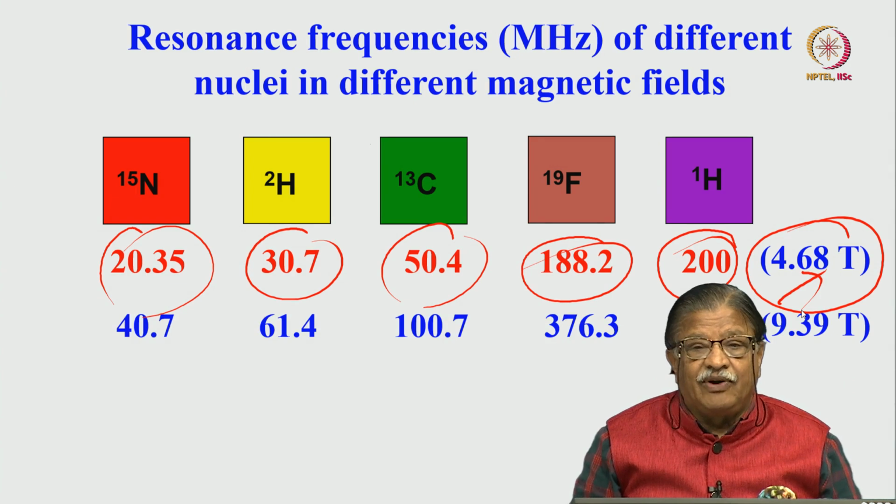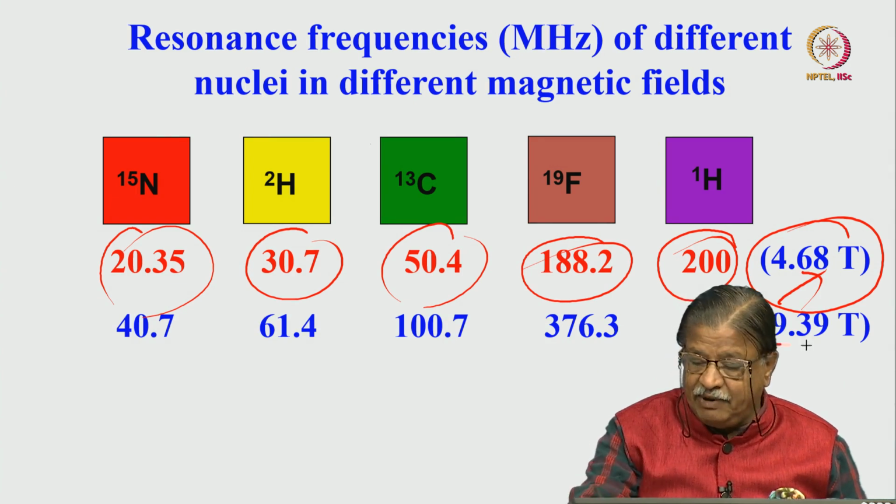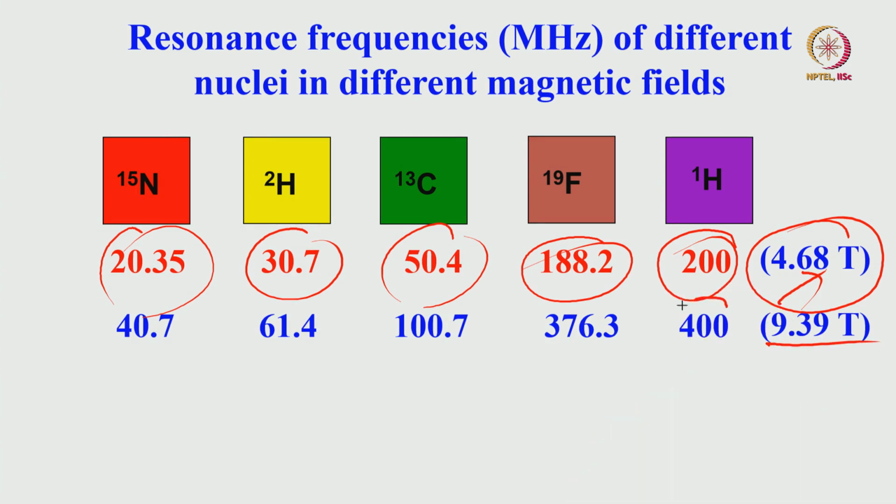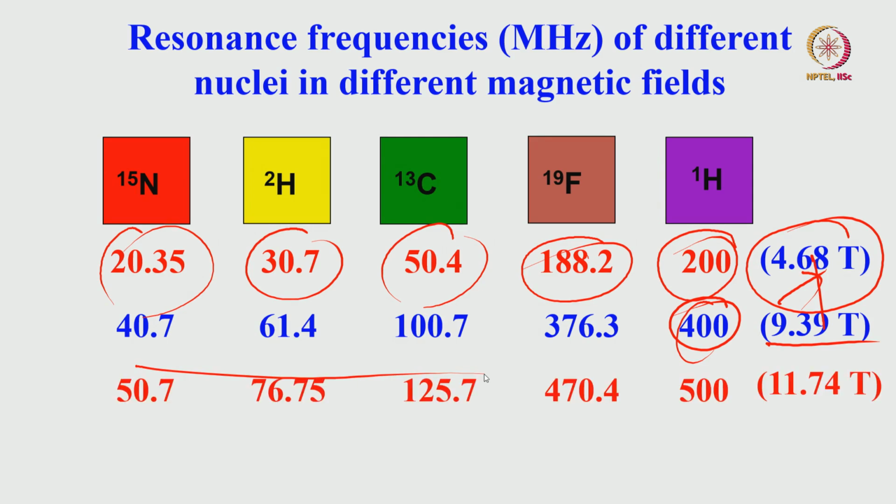Now change the magnetic field, what will happen? I will increase it to 9.39 Tesla, then this correspondingly changes linearly because I doubled it. So 200 becomes 400 and it keeps going like this. And if I increase it 5 times, now 200 becomes 500, fluorine 470 and nitrogen 50.